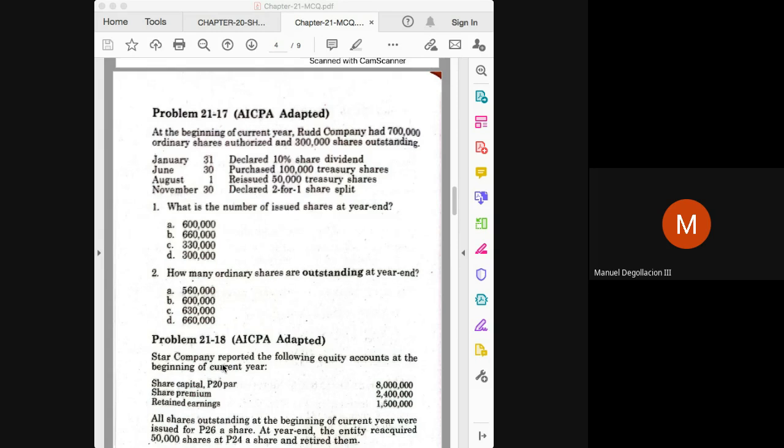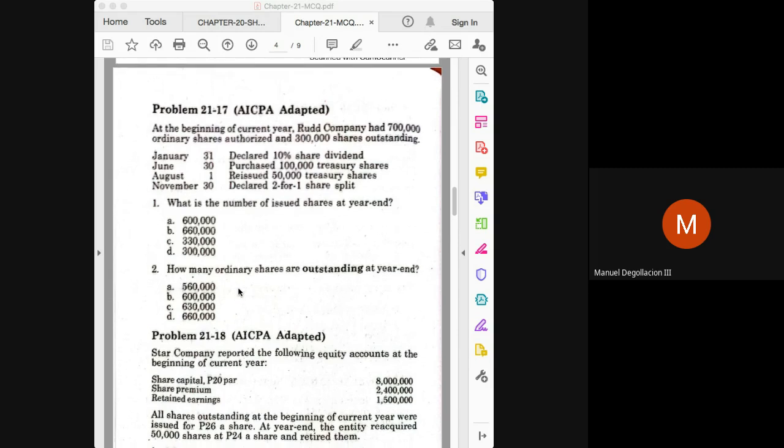That means we will have a remaining 50,000 treasury shares, and then there's a 2-for-1 share split. That means our total treasury shares will be 100,000 again. So you deduct the 100,000 from the 660,000. Your outstanding shares for this problem would be 560,000. It is simply 660 minus 100.